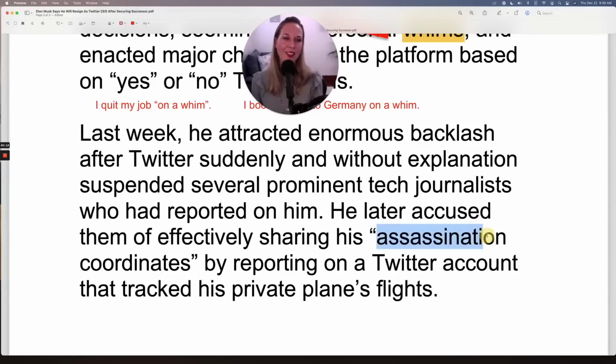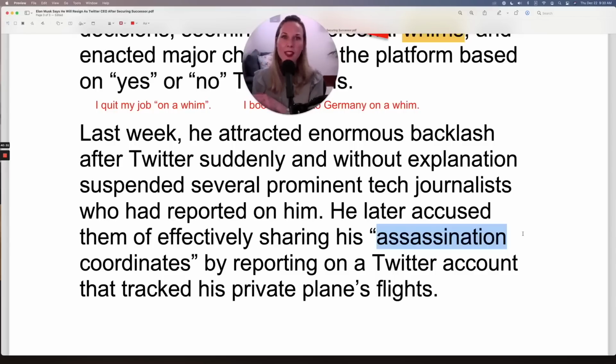All right, an assassination is when someone murders someone and it was planned. Like President JFK was assassinated. He was murdered and somebody planned that.